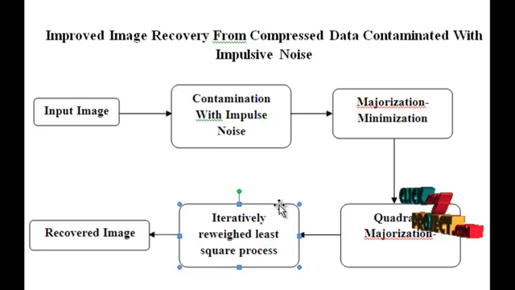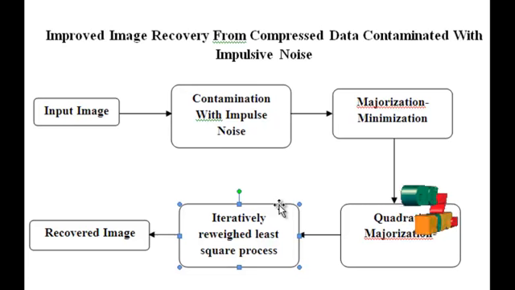Next to this block is the iteratively reweighted least squares process. The proposed algorithm is also an optimization problem, whose convergence rate is largely dependent on which compressed sensing solver is used.